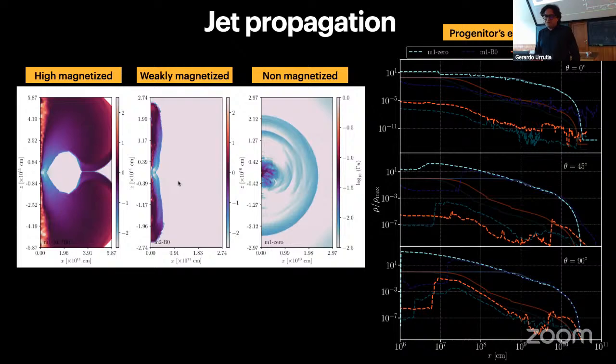So yes, when we regulate the magnetic field, we are looking for the minimum magnetization needed to disrupt the star.